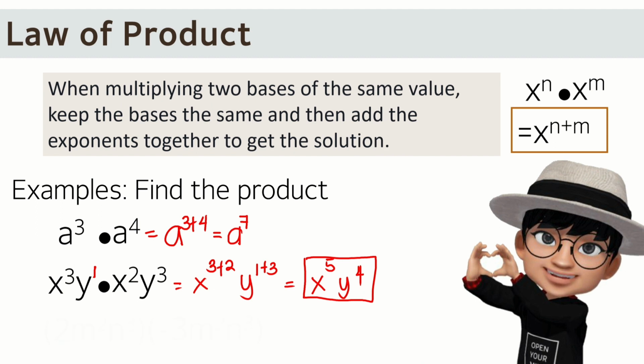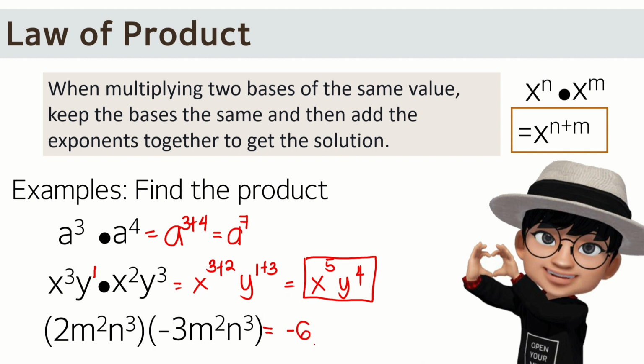Okay? And for our last example, notice we have 2m squared n cubed times negative 3m squared n cubed. In this case, we can still apply the law of product, but we're going to add some rule. We multiply the bigger numbers and add the exponents. Meaning to say, if we multiply 2 times negative 3, the product is negative 6.